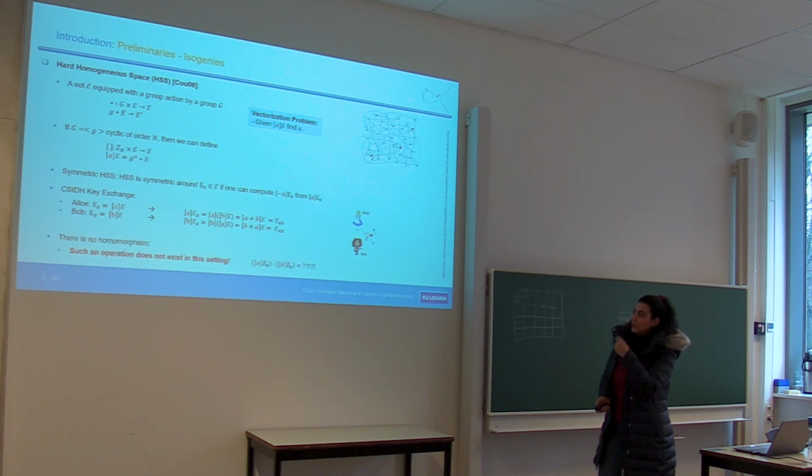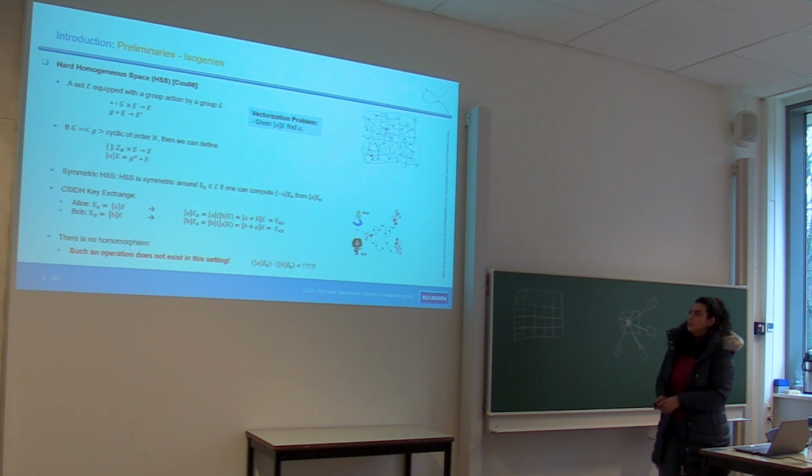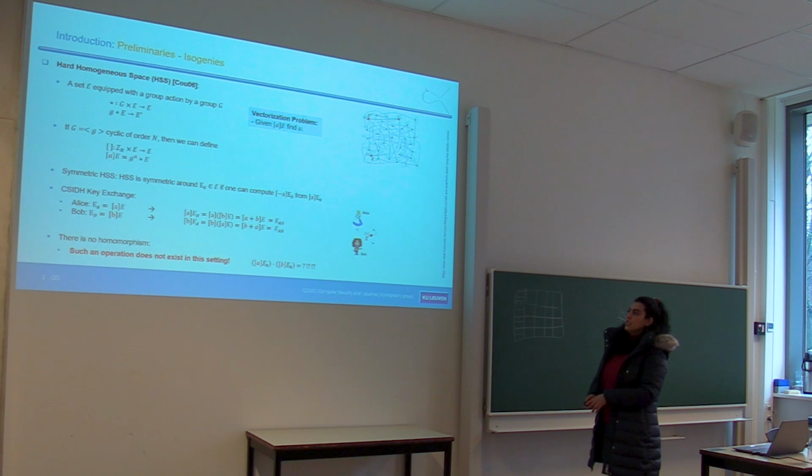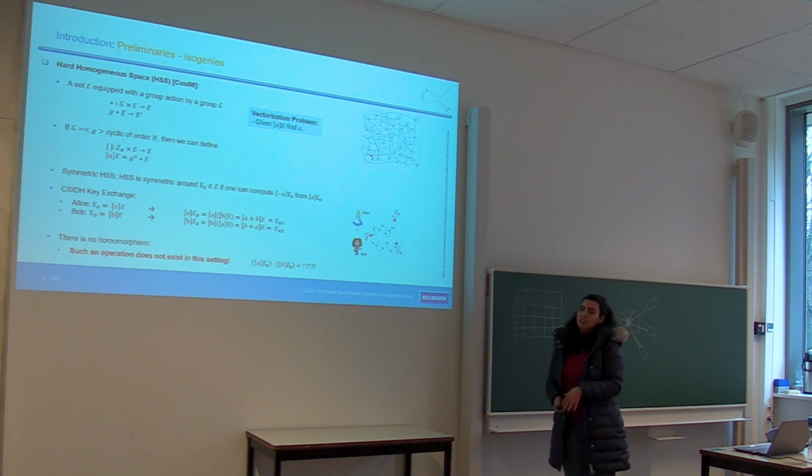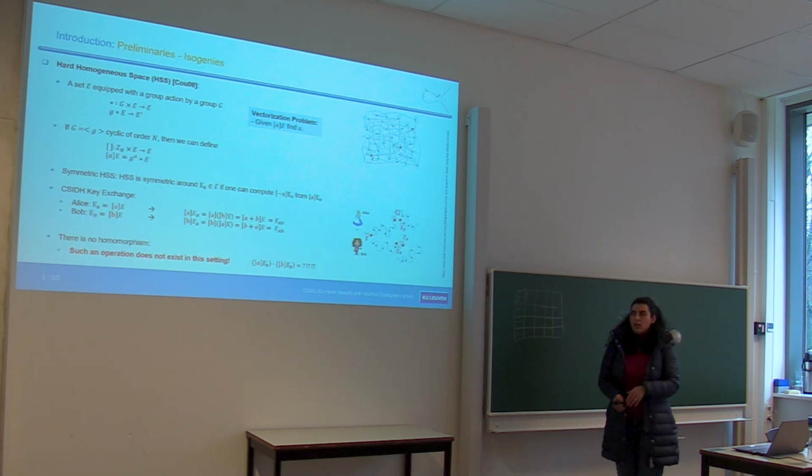By now, you may notice that computing [a+b]E from E_A and E_B is difficult, which means that basically we do not have homomorphism in isogeny.